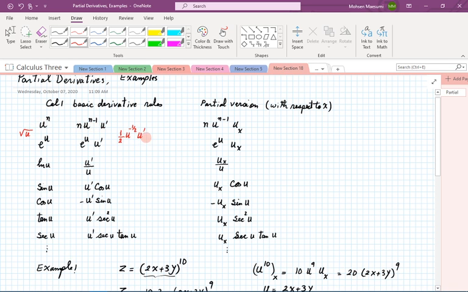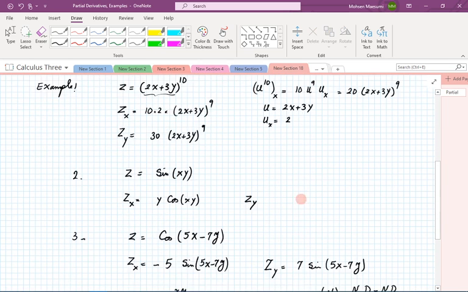Well, to clean this up, we can write this thing as u prime over 2 radical u. Is that right? So the derivative of radical u, cleaned up version, is u prime over 2 radical u. So in this case, it's going to be u sub x over 2 radical u. And so on. You can make specific rules for particular exponents and such.